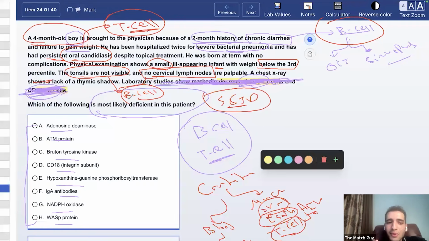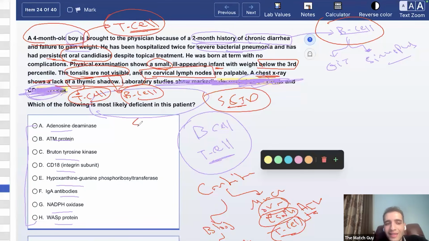So that's another keyword that he has a B cell deficiency. If there are no lymph nodes or no tonsils, it means he has no B cells. A chest X-ray shows a lack of thymic shadow. He doesn't have a thymus, so he also has T cell deficiency because the thymus is where your T cells mature. So that's another way to know it's B and T together.